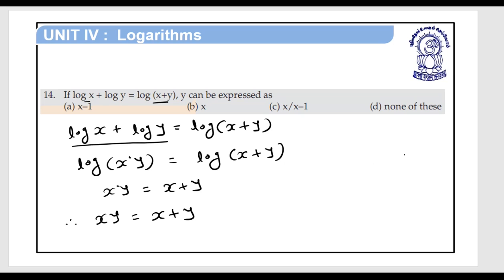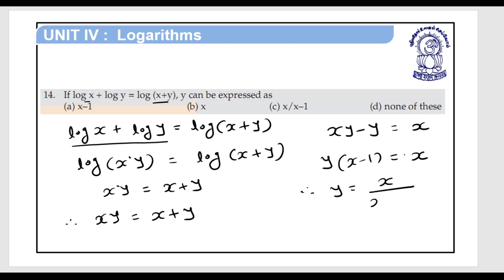So xy minus y is equal to x. So y common, x minus 1 is equal to x. So y is equal to x upon x minus 1. So the answer is C, x upon x minus 1.